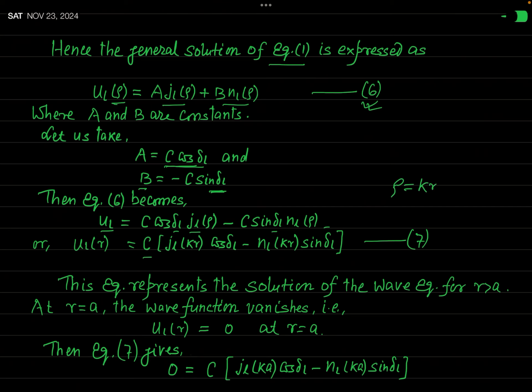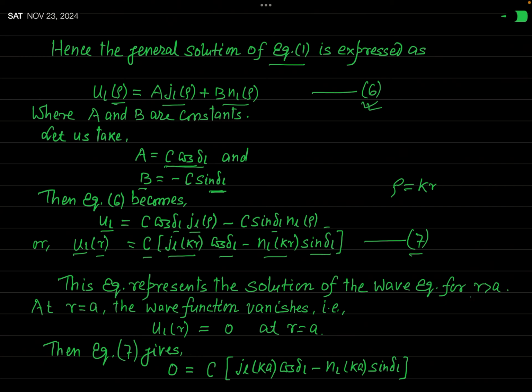In this condition, U_L is a function of r because k is constant, so I have written only r; you can also write kr. And this will be C times j_L of kr times cosine of delta_L minus n_L of kr times sine of delta_L.